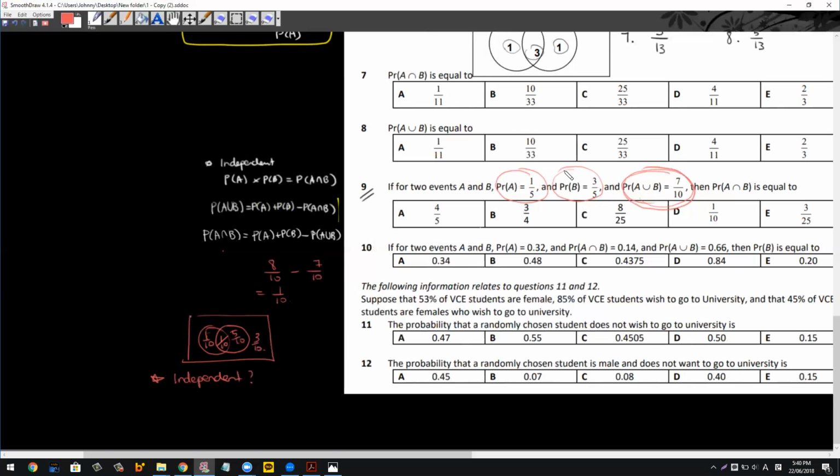You think it's dependent? All right, so what did you get when you multiply these two?